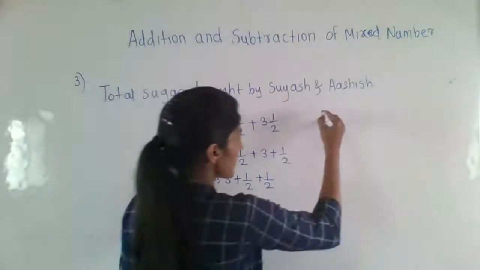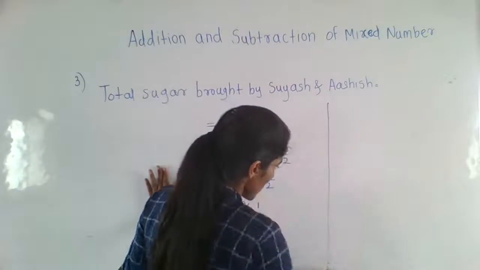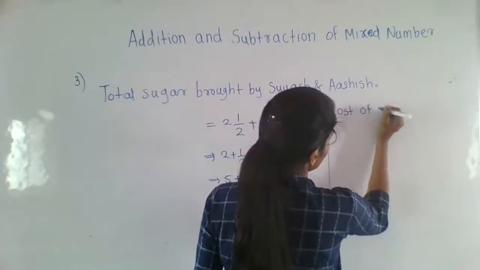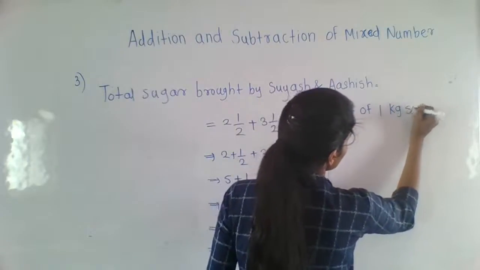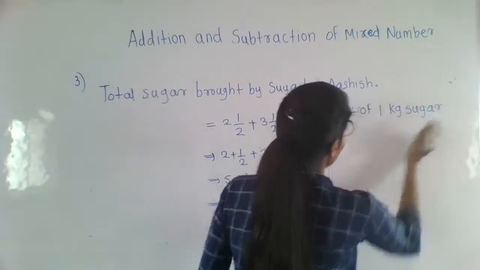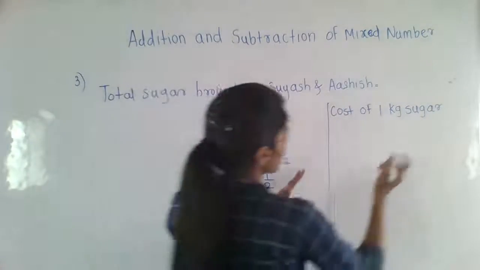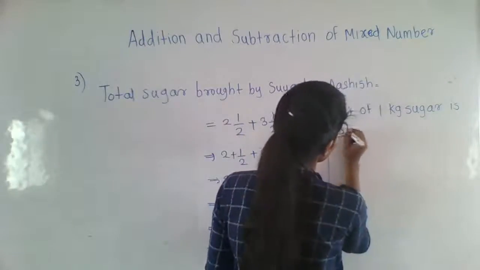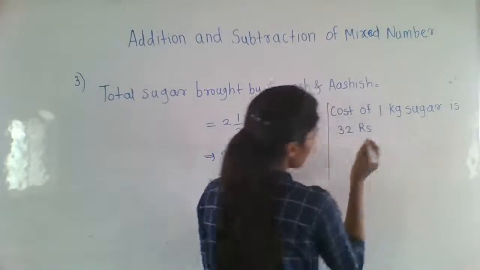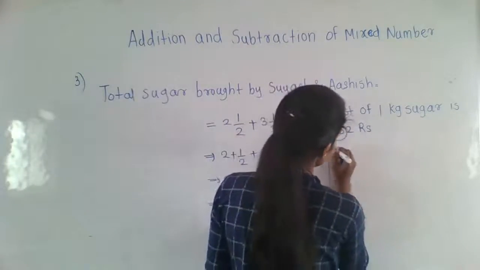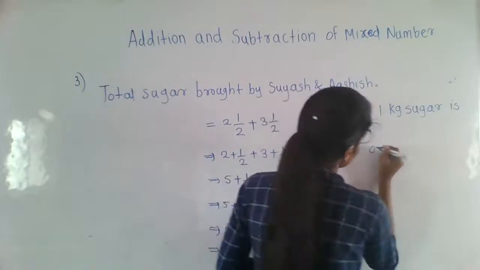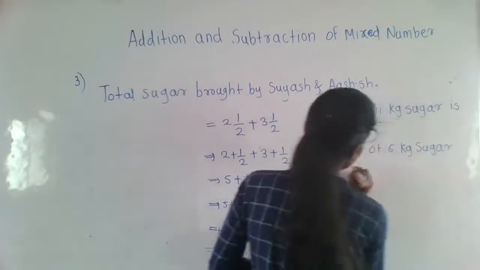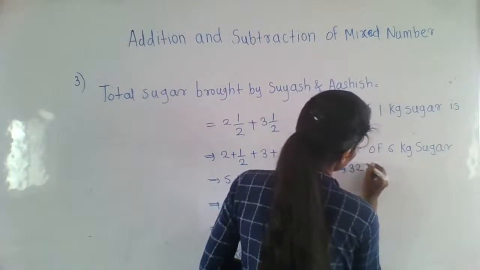The cost of 1 kg sugar is 32 rupees, and here we have to find the cost of 6 kg sugar. That is simply 32 into 6.